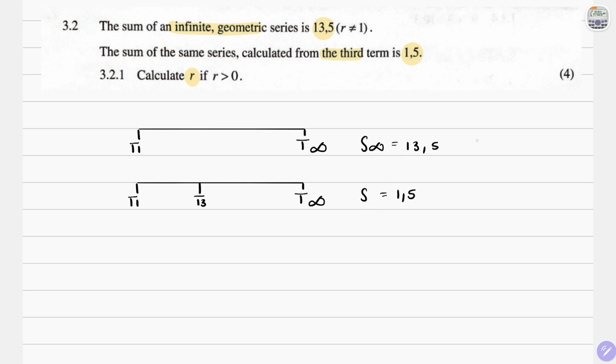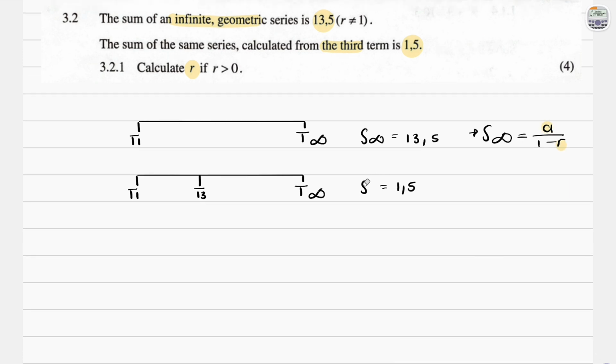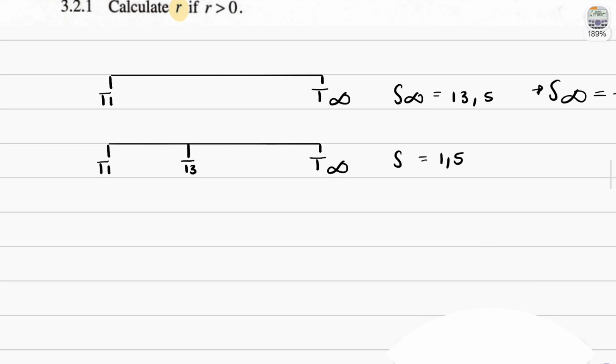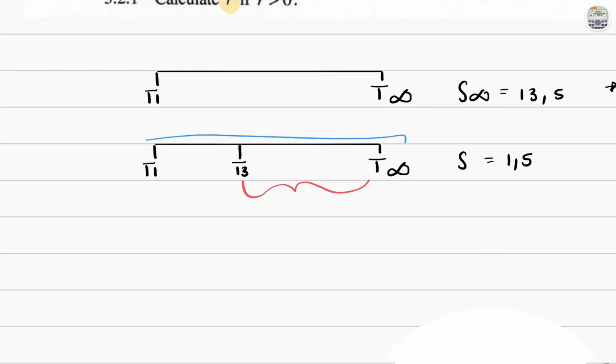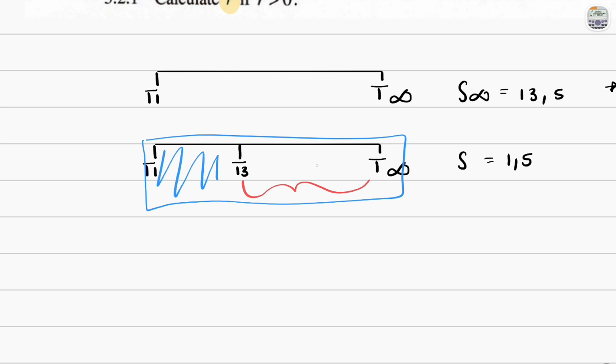We know that the sum to infinity formula is a over 1 minus r, so the variables we'll have are a and r. Now, how can we express the sum they're referring to? Well, you could say the sum to infinity, this entire section, minus this part, and you're going to get the sum to infinity from term 3 all the way to infinity.